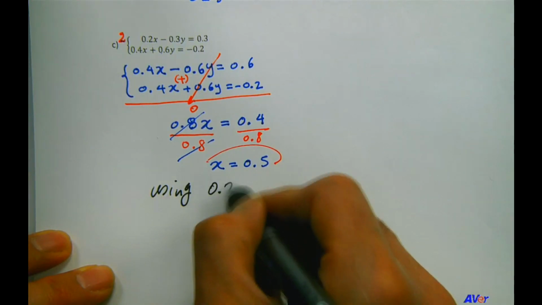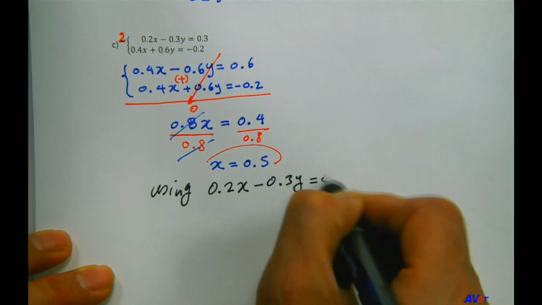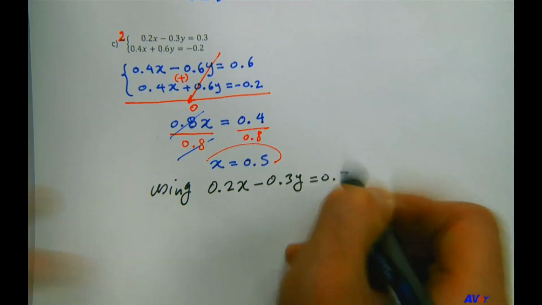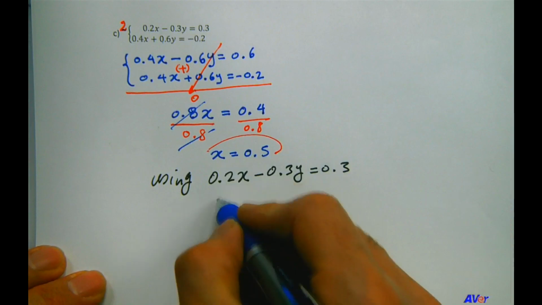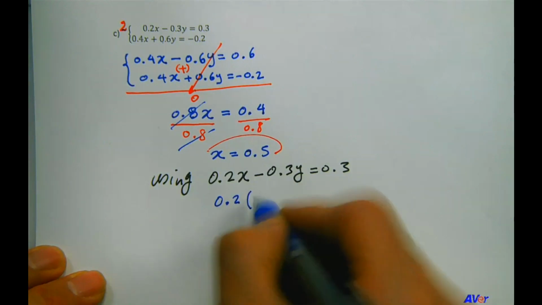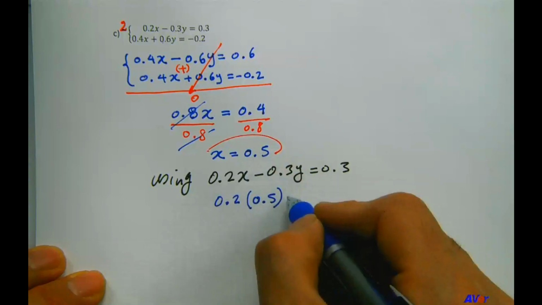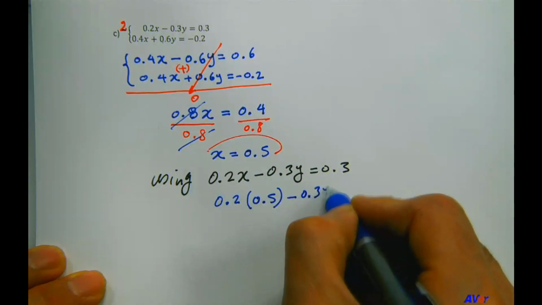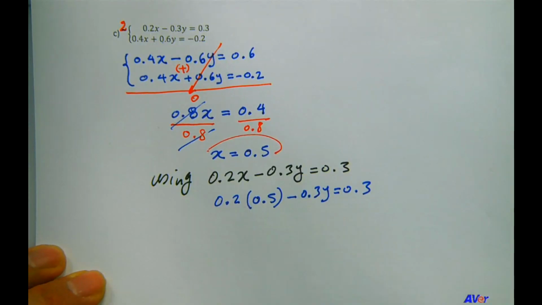So using 0.2x minus 0.3y equals 0.3, we're going to plug in that. So 0.2 times 0.5, right? For x, we substitute 0.5, minus 0.3y equals 0.3. So what is 0.2 times 0.5?